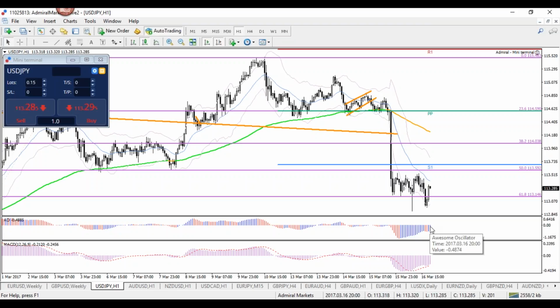Now, don't get me wrong, you don't necessarily need divergence for a reversal to happen. It's just one of the factors. This could still be a correction and it could still end here. Of course, it is pleasant to have divergence when looking for reversals, but it also depends on the total market structure.